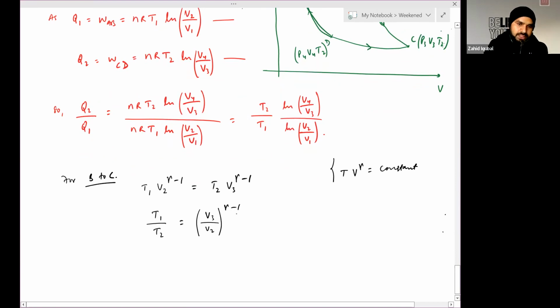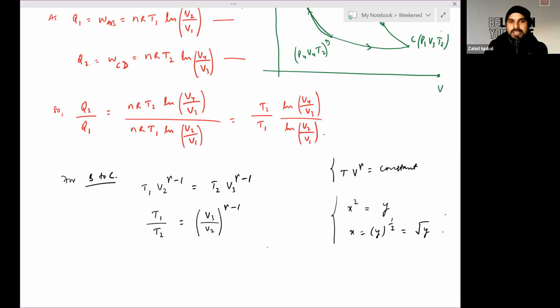If you move this exponent to the other side, like if you have x squared equals y, moving the square to the other side gives y to the power half, which is also written as root of y. It means that on moving the exponent to the other side during transformation, it becomes a reciprocal.